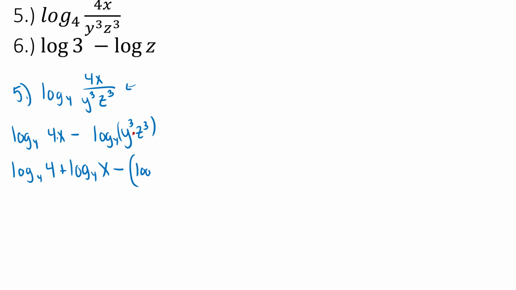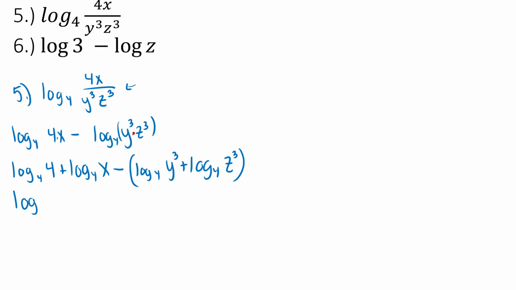This will be log base 4 of y to the third plus log base 4 z to the third. Okay, and I did that because it was the entire thing with the y's and the z's that was being subtracted, and I want it to continue to be the entire thing with the y's and the z's. Now let's go and distribute that subtraction.